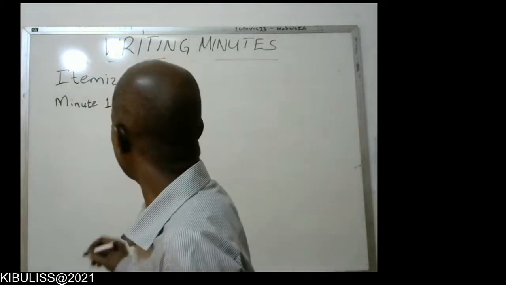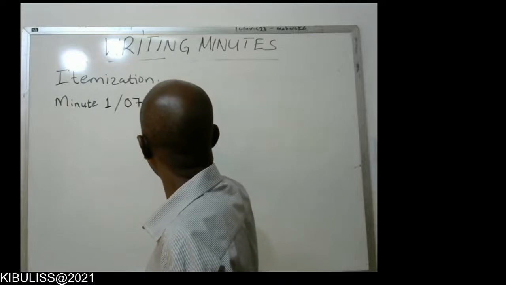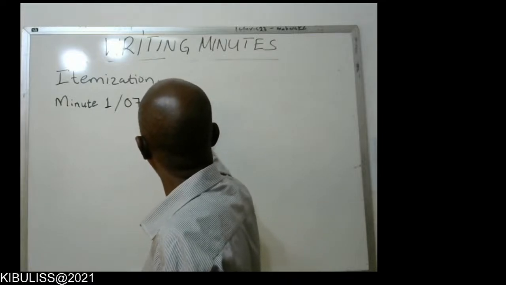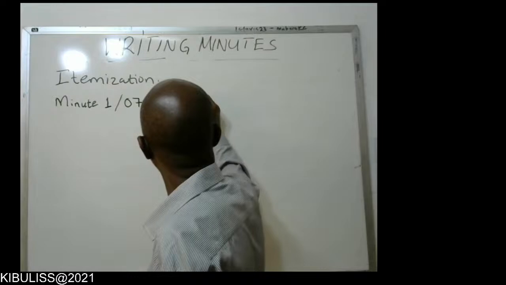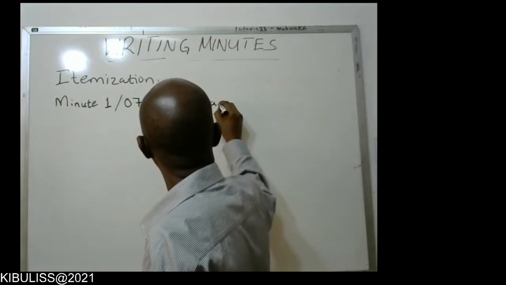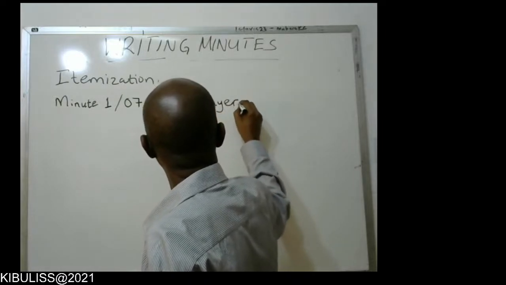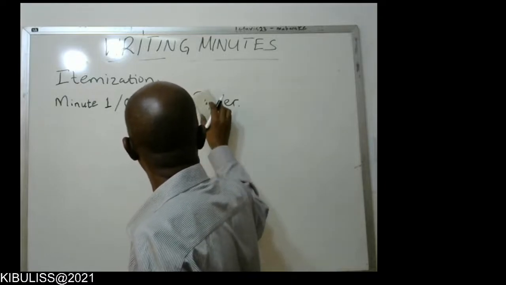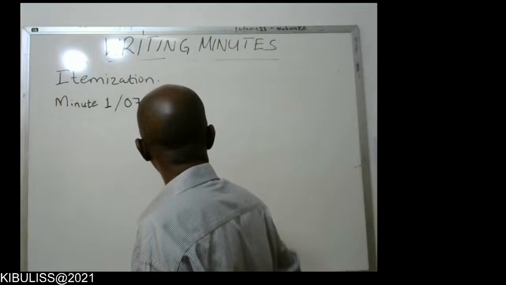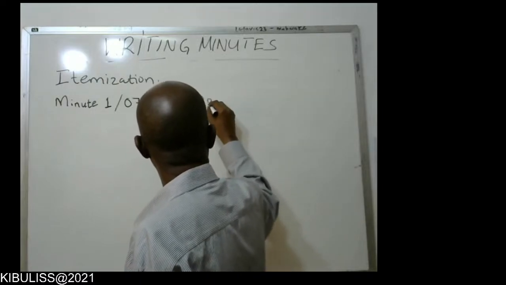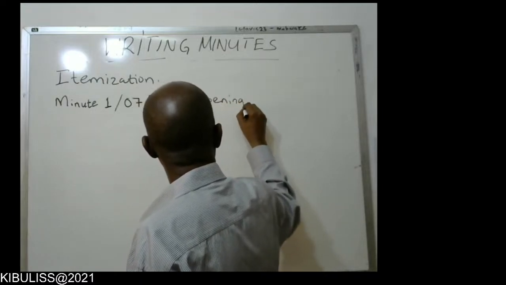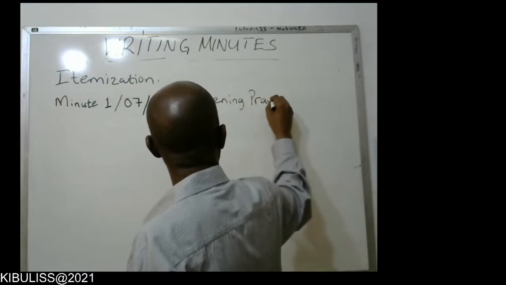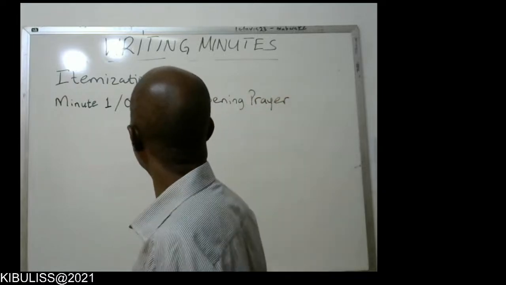And then we give the year. And then we mention what is that item on the agenda. It was prayer. Or if you like, you may write opening prayer. You are not restricted. You may write either of the two.